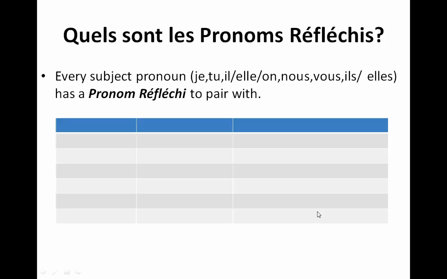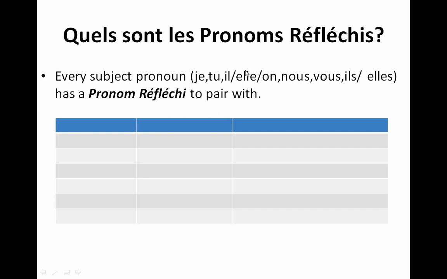Okay, now we have to see all the pronoms réfléchis. Like I said, I made a little grille, a little table, that gives you all the pronoms réfléchis that match every subject pronoun. The subject pronouns, I put them in parentheses right here: je, tu, il, elle, on, nous, vous, ils, elles.